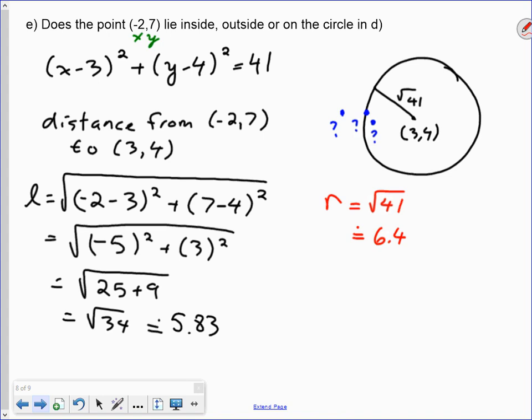So the radius is 6.4. The distance from the center out to our point, 7, is only 5.8. So our point must lie inside the circle. Negative 2, 7 lies inside the circle.